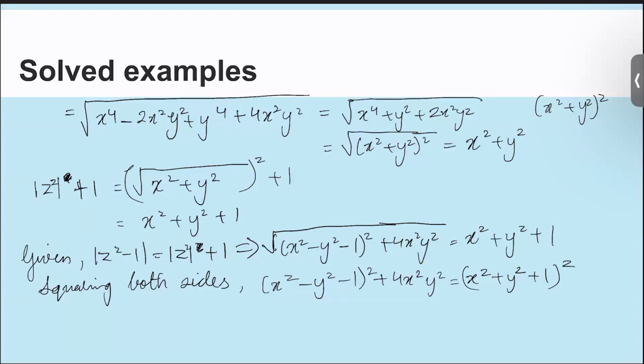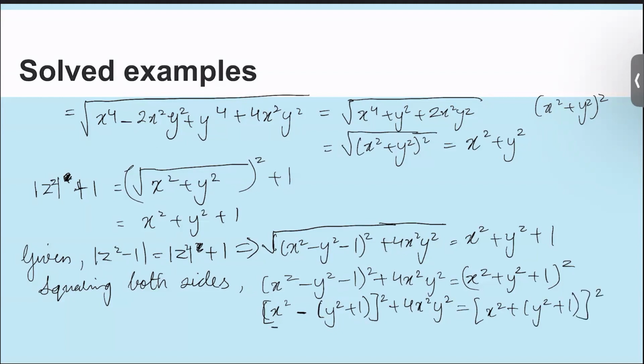Now you can try to get it in the form x squared minus y squared plus 1 the whole square plus 4x squared y squared is equal to x squared plus y squared plus 1 the whole square.